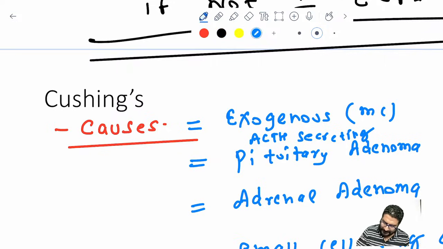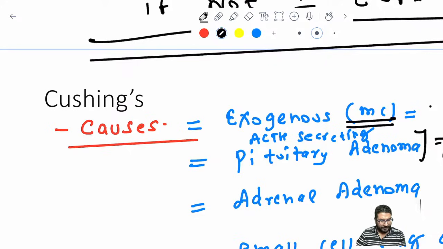Yes, it can also be in carcinoid. So just remember, most common cause will be exogenous. But they sometimes ask the question, what is the most common cause in elderly? Most common cause in elderly will be pituitary adenoma.